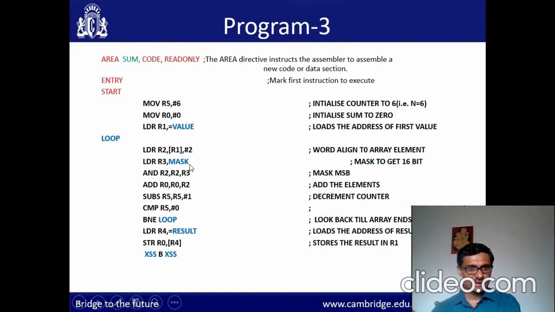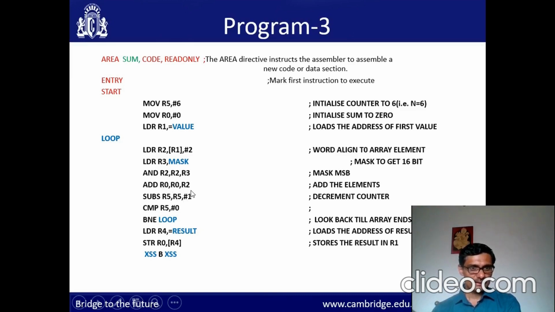Again you are masking. What is it that we are doing? We are masking the upper 16 bits in R2. That is our second number. After performing that, you are adding your second number with the first number here, and copying the partial result into R0.